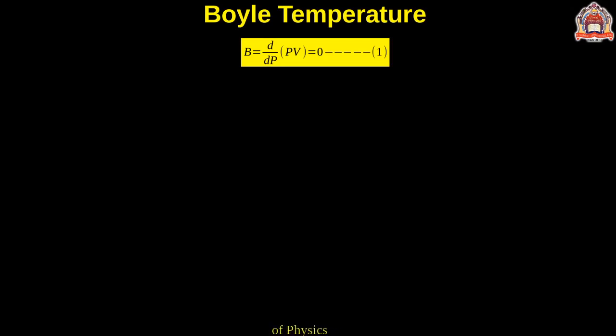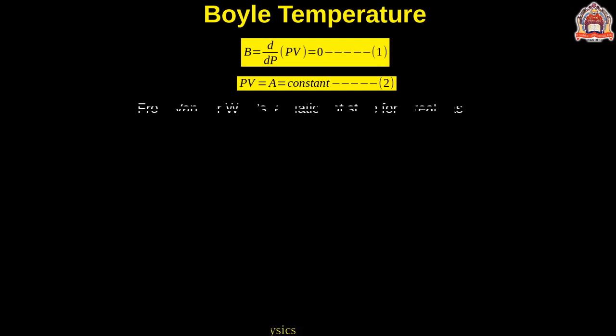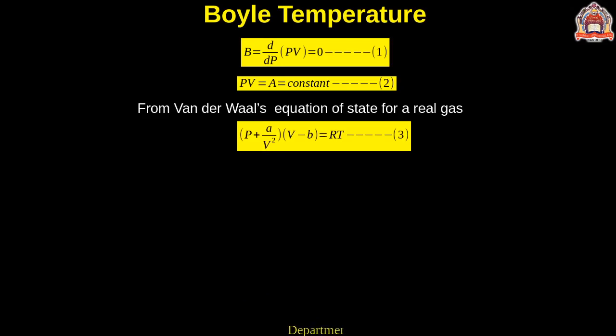From the van der Waals equation of state for a real gas, which is the corrected equation, we will discuss this van der Waals equation later on. Before this, consider PV is equal to A, that is the constant. That is nothing but Boyle's law. So according to the van der Waals equation of state for a real gas, P plus A by V square, in bracket, V minus B is equal to RT.